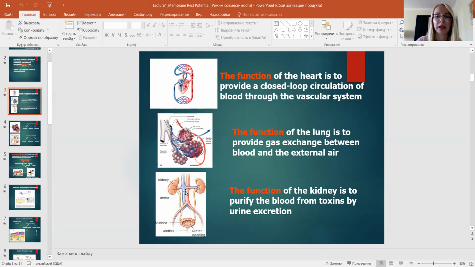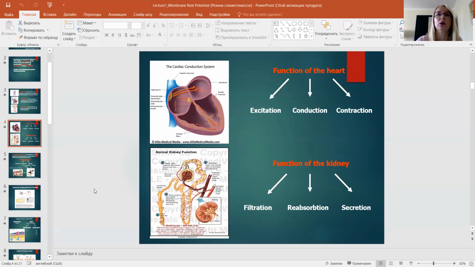And so on for many other organs. Every organ has its own function. But if you look more closely at the function of each organ, you can see that all these functions are achieved by the interaction of various processes.